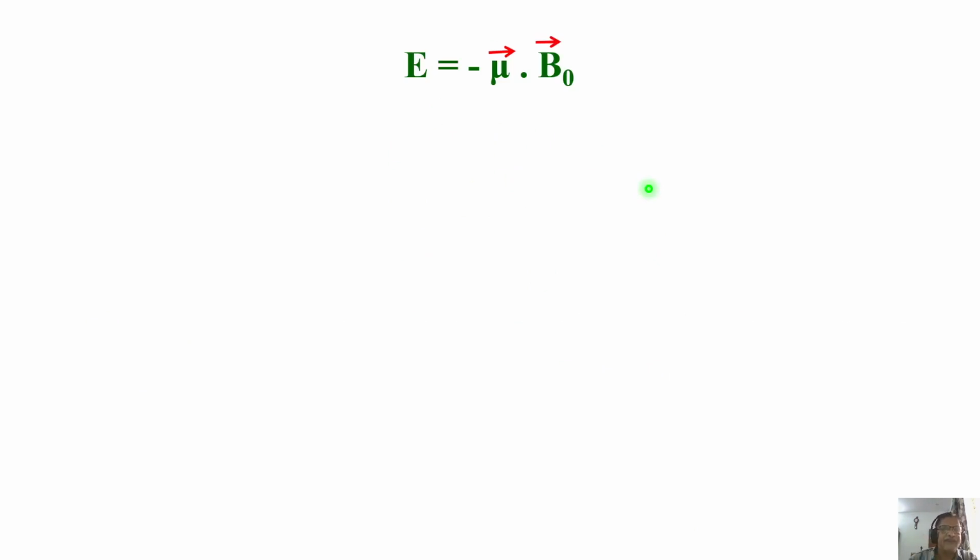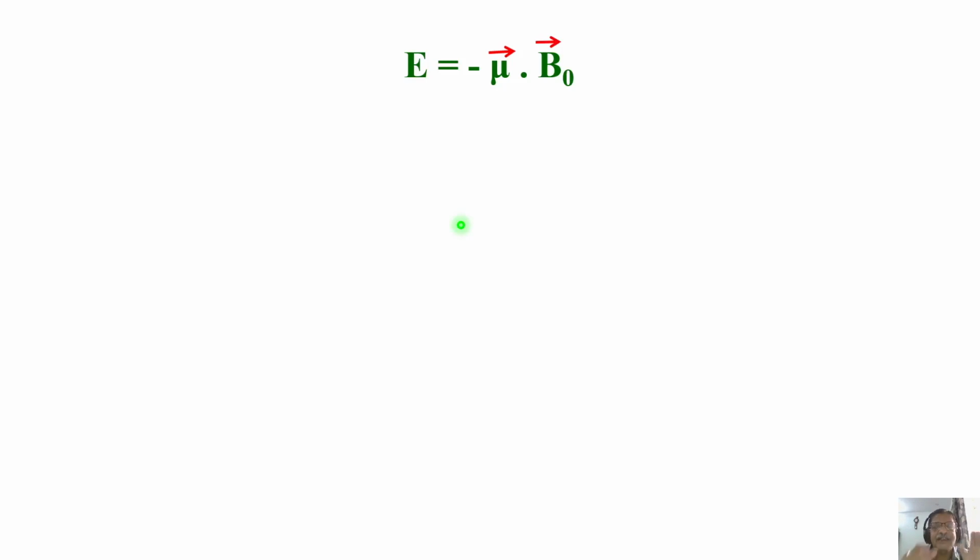Now, this was the general expression for the interaction energy, but I also said the interaction energy of the magnetic moment in the opposite direction of the magnetic field is different. That's what we said in the previous class. This results in different energy states which get separated out in the magnetic field. This is called removal of degeneracy.